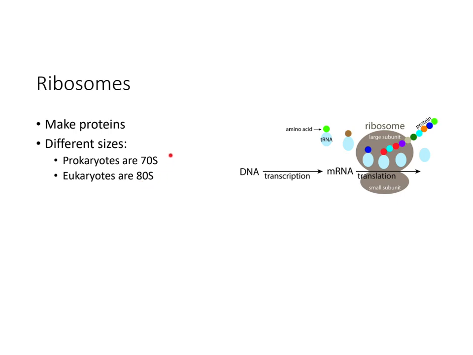That just means that they are different in size, but they work exactly the same between prokaryotes and eukaryotes. And one of the really interesting things about these size differences is that bacterial ribosomes are a really good target for antibiotics because they're a different size and a slightly different structure from ours. We can inhibit bacterial ribosomes without hurting our own cells.